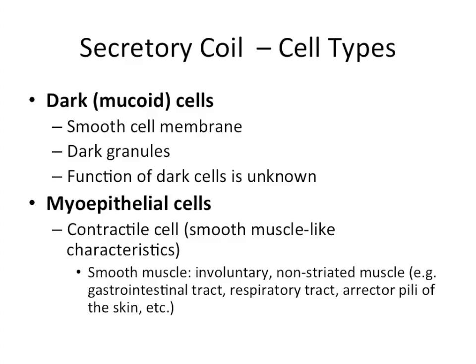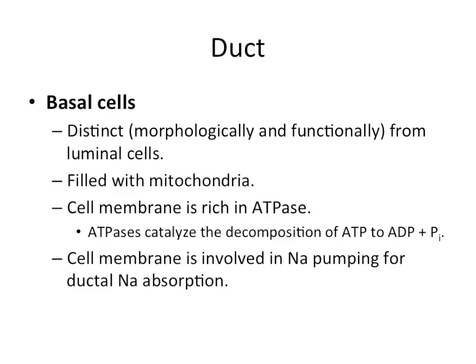Just some examples would be the GI tract, the respiratory tract, the erector pili of the skin, so the muscle that is connected to the base of the hair follicle. These are, again, involuntary type functions. You can't really control your sweating. It's sort of an automatic process by the body.